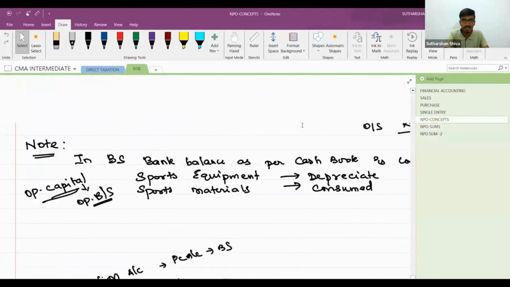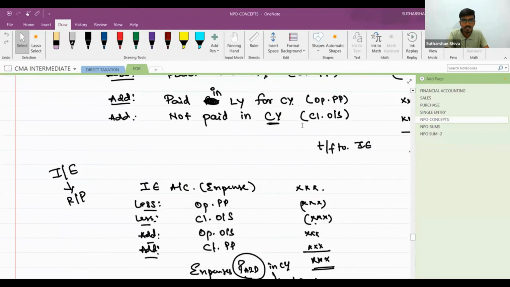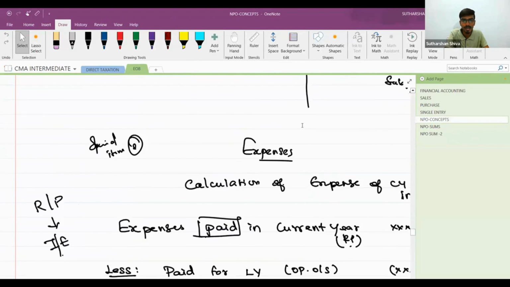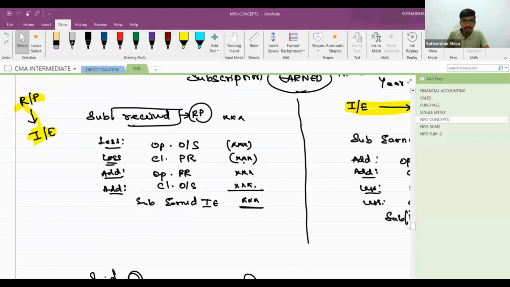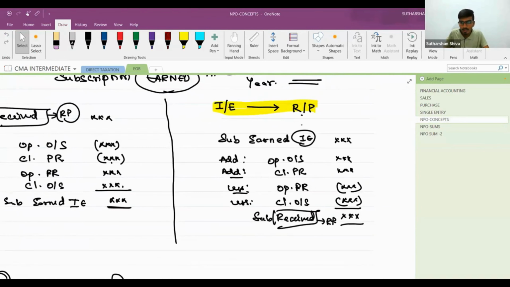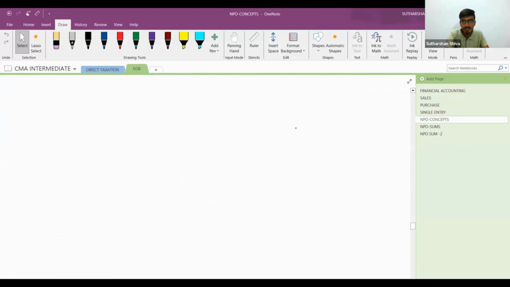Yesterday, we saw the concepts, correct? Whenever it is from income and expenditure to receipts and payments account, we add opening outstanding and closing prereceipt, which is an income for us. Prepaid insurance is an expense which we are going to pay.